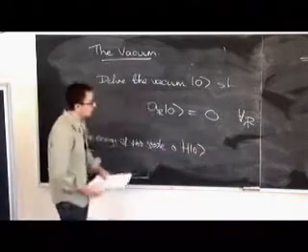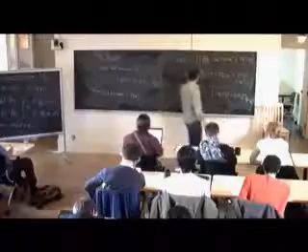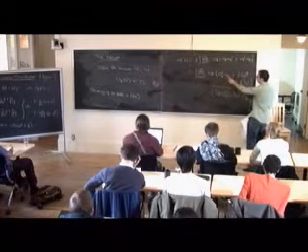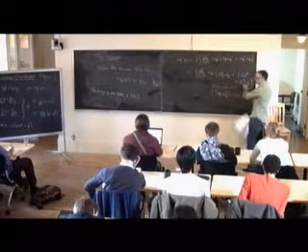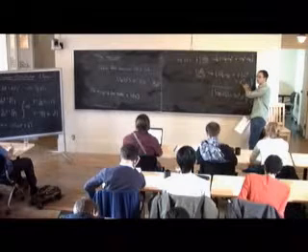So let's figure out the energy of this state. We take the Hamiltonian, we act on the vacuum with it. This term kills it, but this term is a big number.